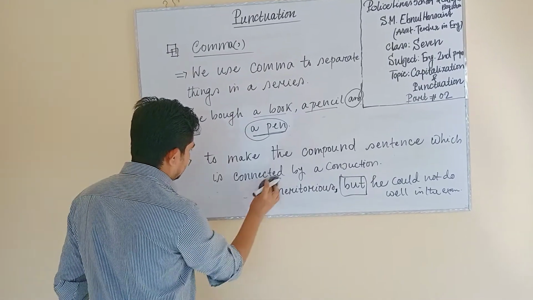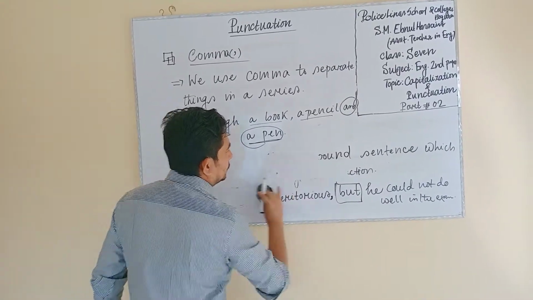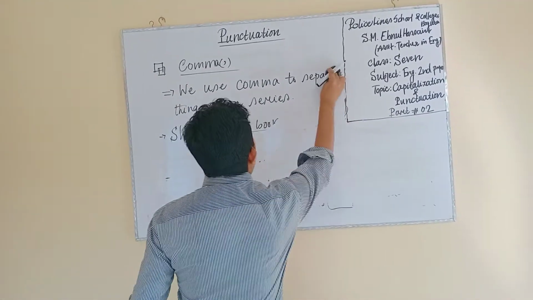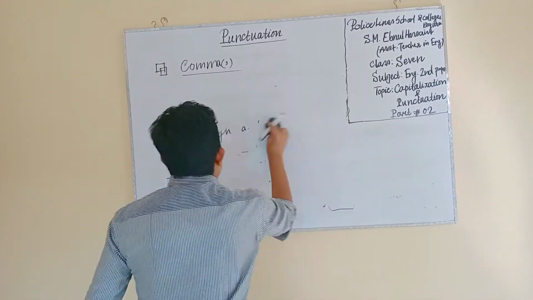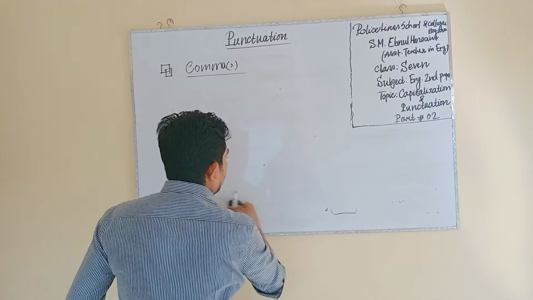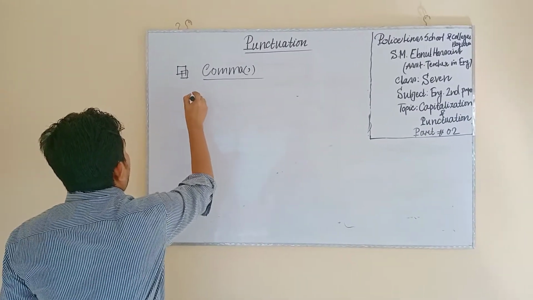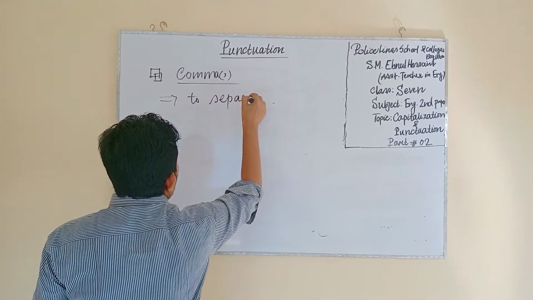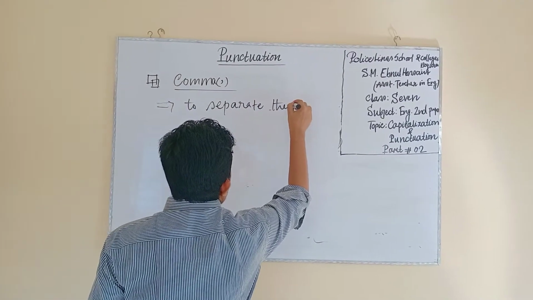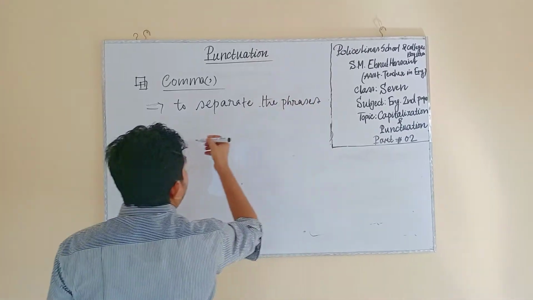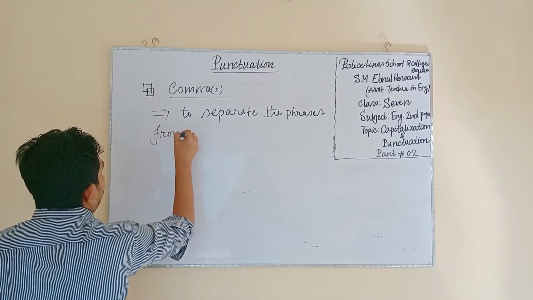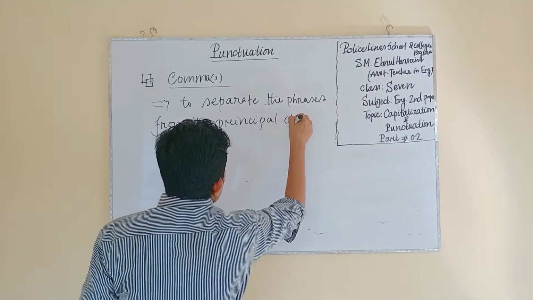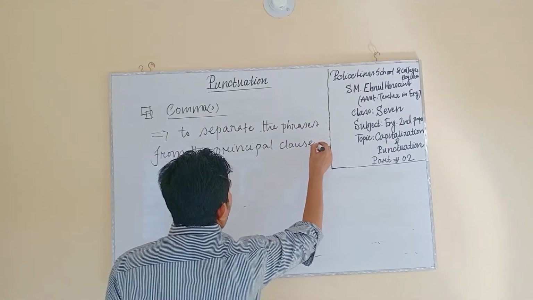Another use of comma is to separate the phrases from the principal clause.